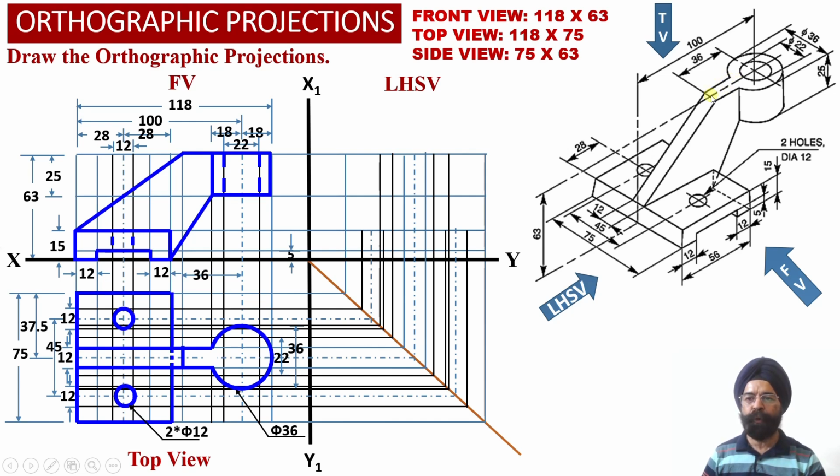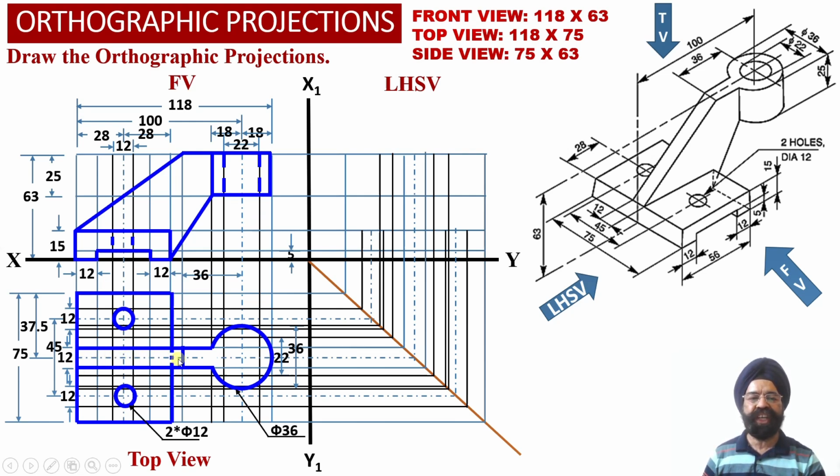So since this portion of the web is horizontal, here we are able to observe a true shape projection of this web onto the horizontal plane, whereas this portion of the inclined web, which is inclined to the horizontal plane, will not be projected as a true shape projection into the top view projections over here.